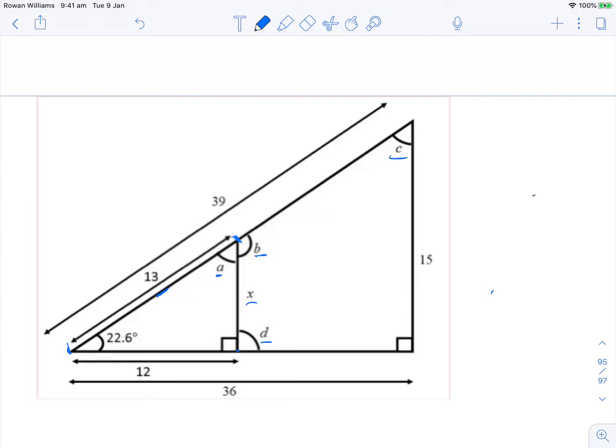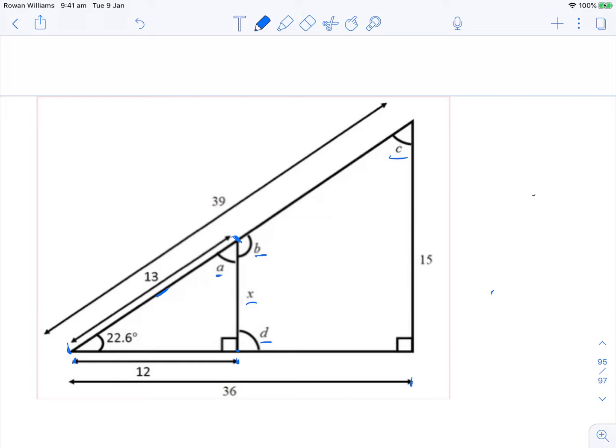So if this is increased from 12 to 36, we can see that 36 over 12 equals 3. So the bottom side length here has got 3 times longer. Obviously this is not quite drawn to scale, but using our maths we can work that out, because we'd go to 24, we'd go to 36, right? So it's 3 times longer.